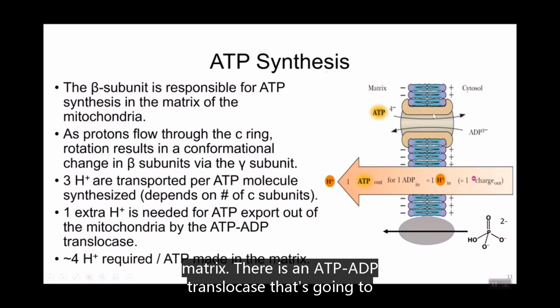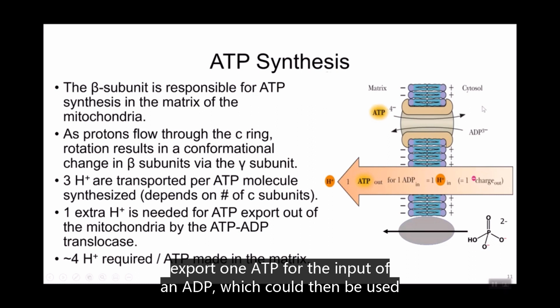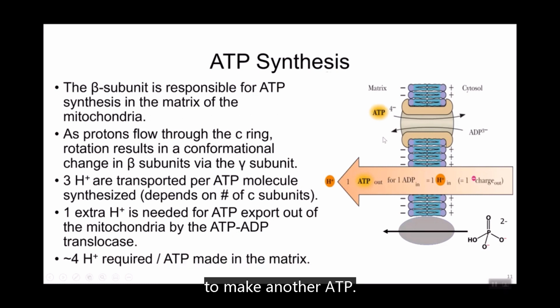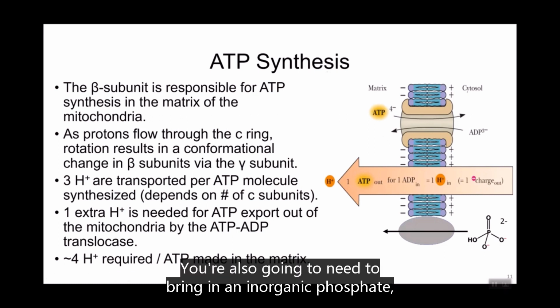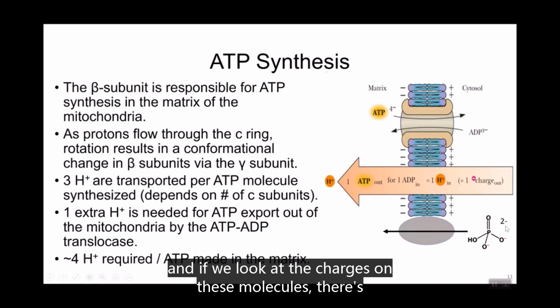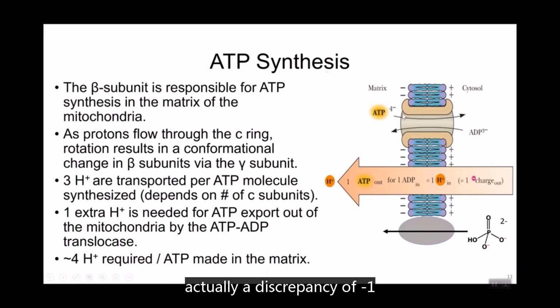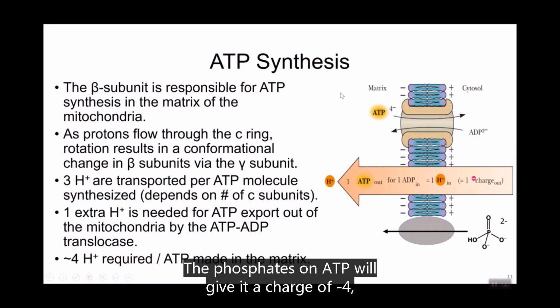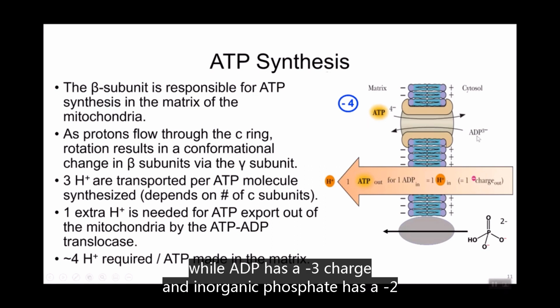There is an ATP-ADP translocase that's going to export 1 ATP for the input of an ADP, which could then be used to make another ATP. You're also going to need to bring in an inorganic phosphate, and if we look at the charges on these molecules, there's actually a discrepancy of -1. The phosphates on ATP will give it a charge of -4, while ADP has a -3 charge and inorganic phosphate has a -2 charge.